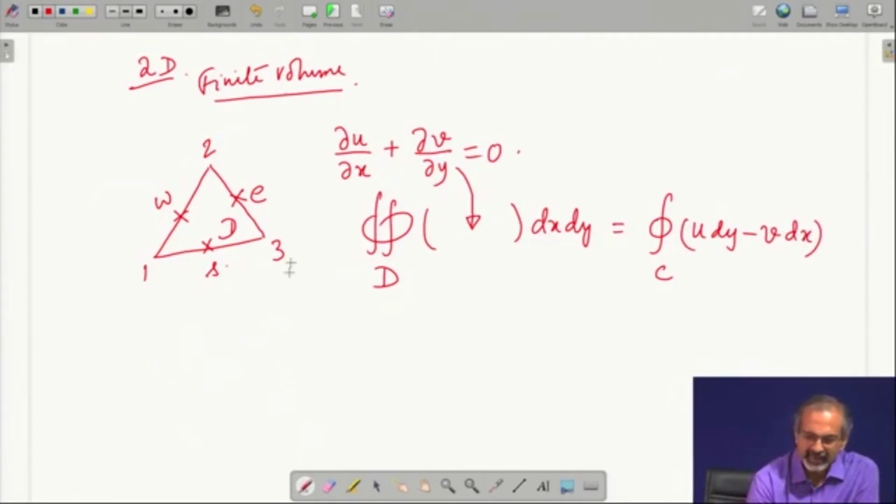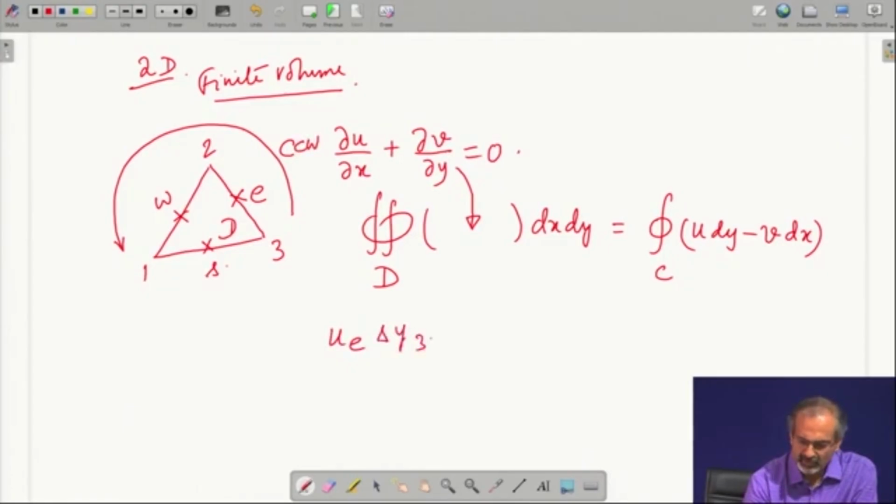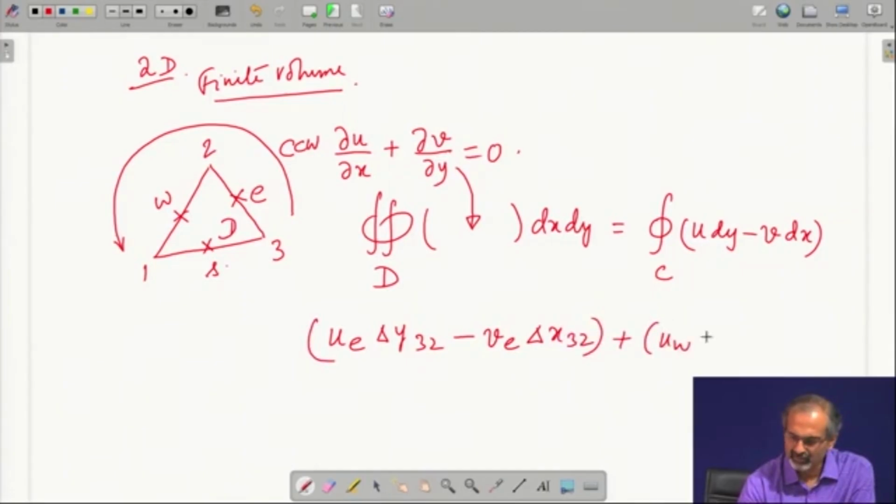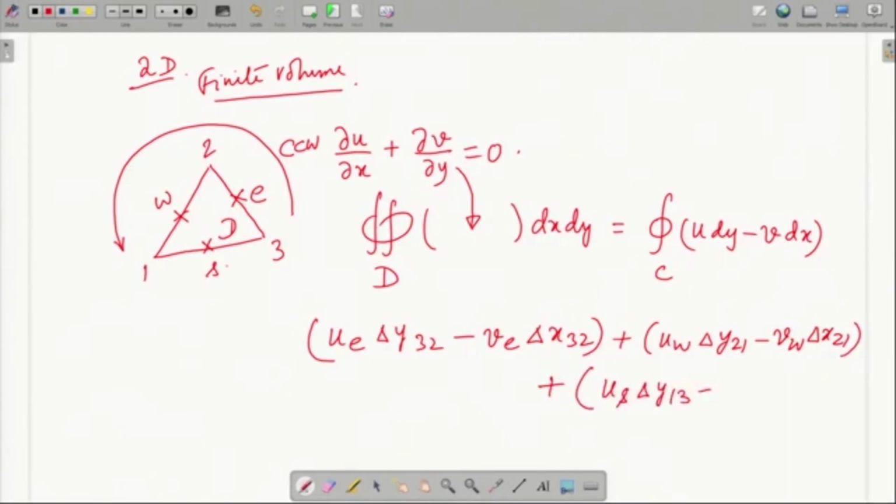So, if you integrate it along this contour, you go in a counterclockwise manner and you integrate, and you can write it as u e delta y 32 minus v e delta x 32, that is the contribution from the east face, plus u w delta y 21 minus v w delta x 21 plus u s delta y 13 minus v s delta x 13.